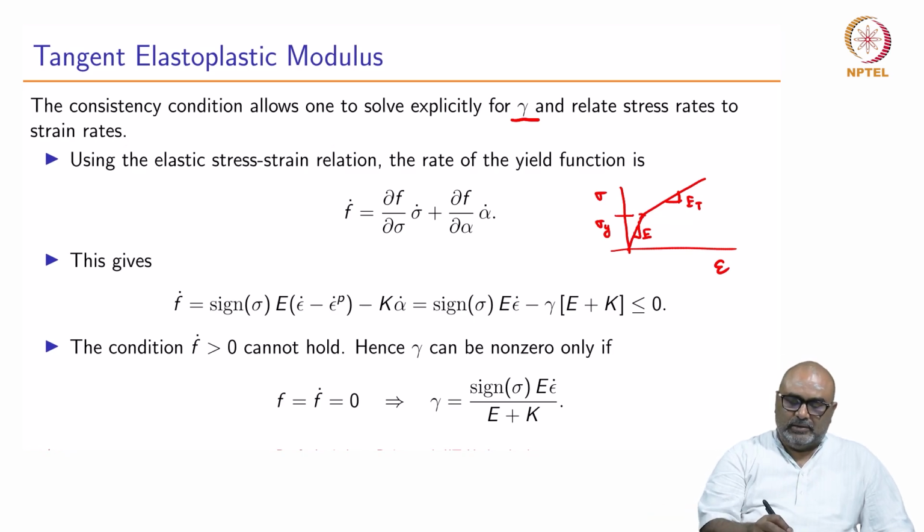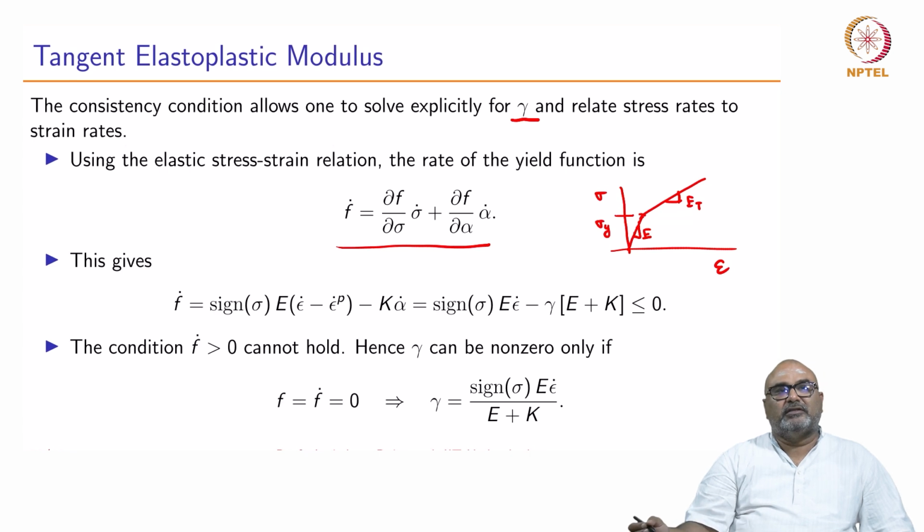Here, using the persistency condition we can write f dot is equal to 0, and following the chain rule we can write ∂f/∂sigma times sigma dot plus ∂f/∂alpha times alpha dot.